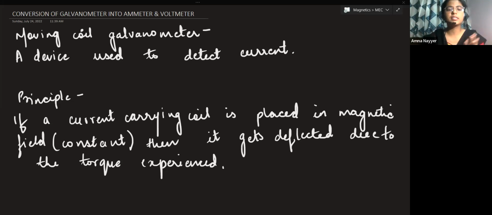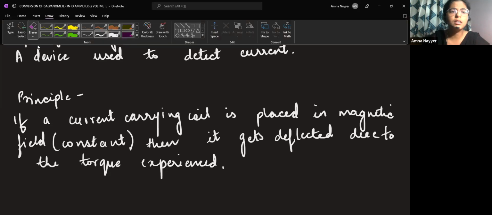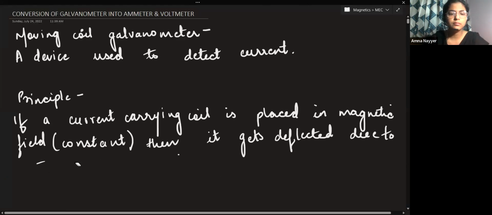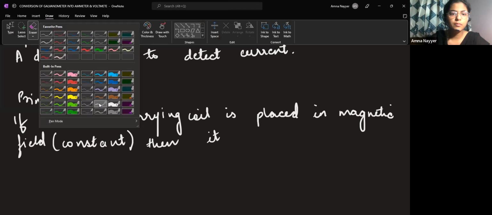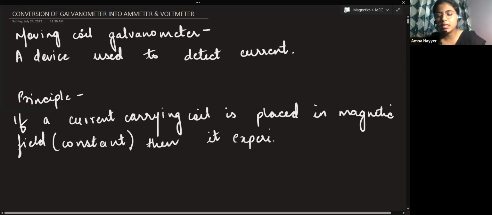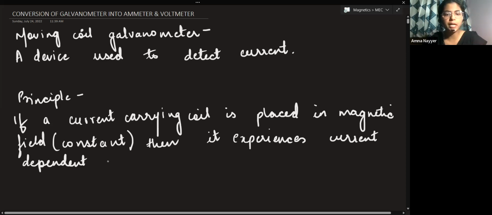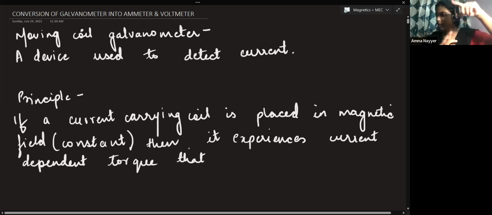All right. So we were discussing the principle. If a current carrying coil is placed in a magnetic field that is constant, or you can directly use the statement uniform magnetic field, then it gets deflected, or you can say it experiences current dependent torque that tends to rotate it, that we have seen.